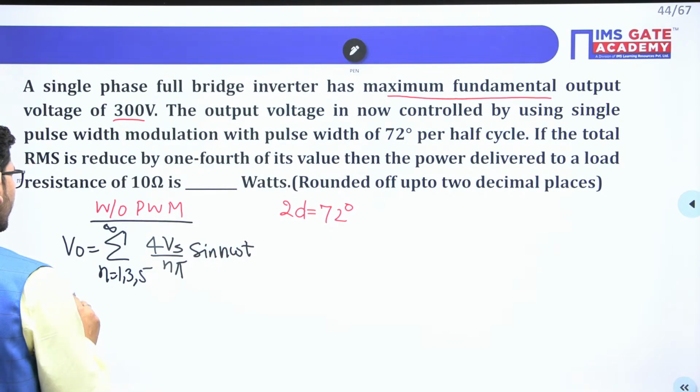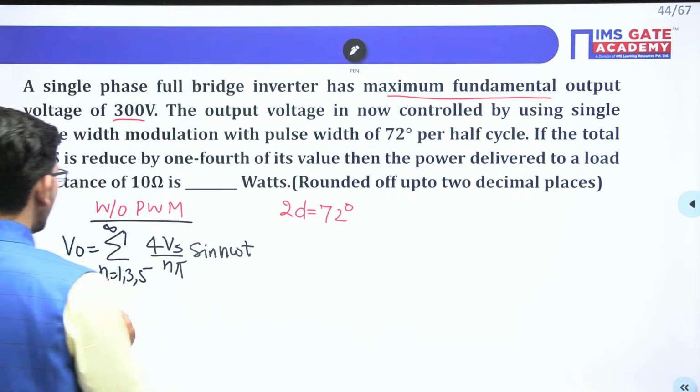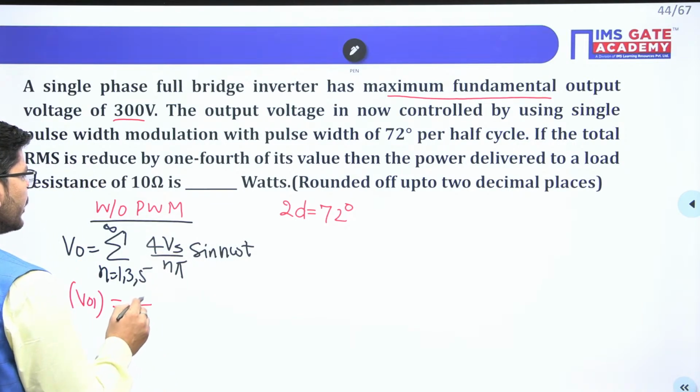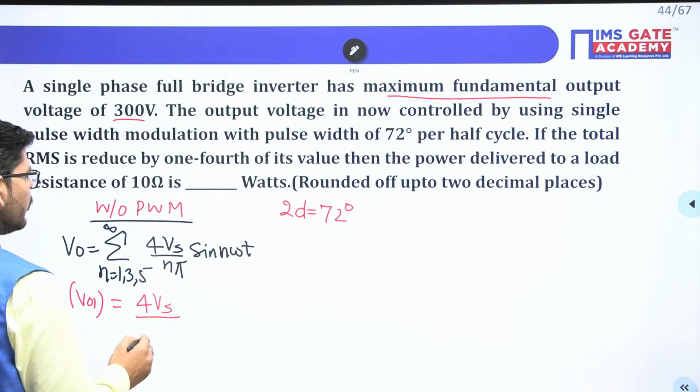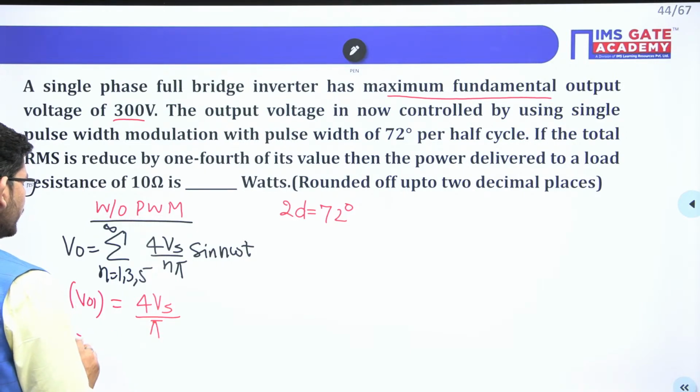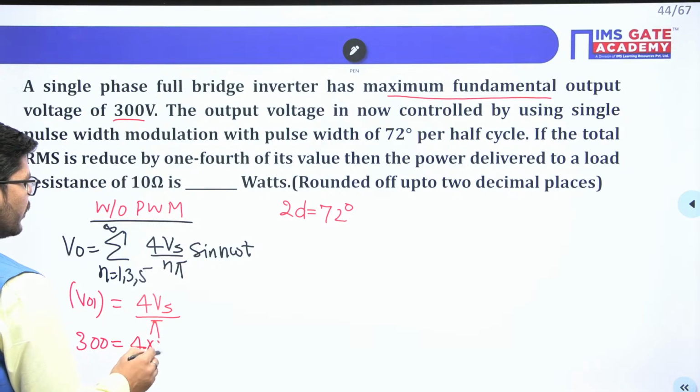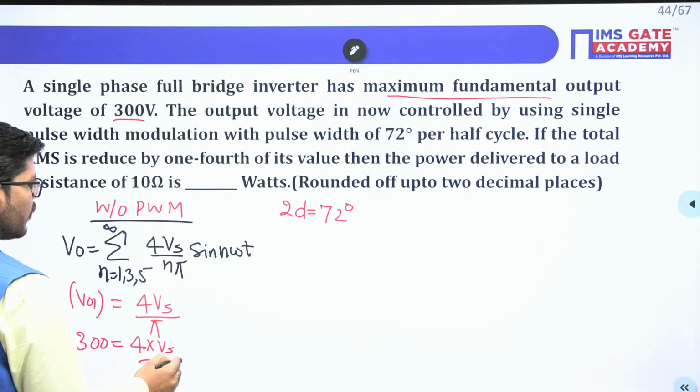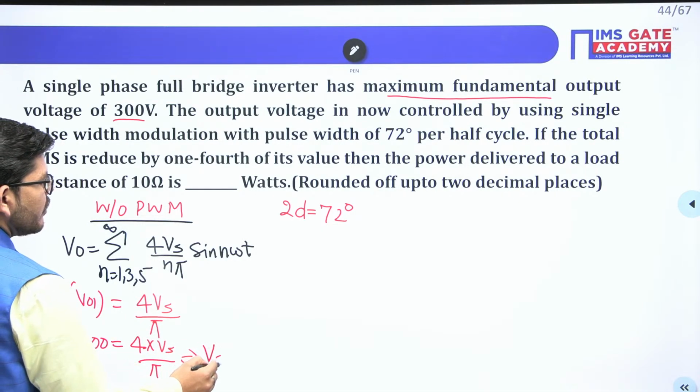Now what will be the fundamental maximum value? For fundamental maximum value, this will be equal to 4 Vs upon pi, with n equal to 1. Now this is given equal to 300, so from there you can calculate the value of Vs.